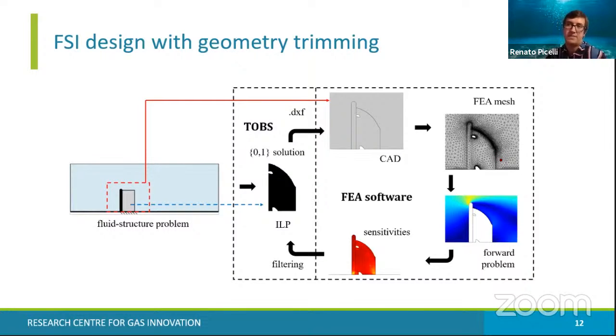In my view, one of the advantages of the method is to be relatively cheap for the complexity of the physical problem, because we have a considerably coarse mesh here.